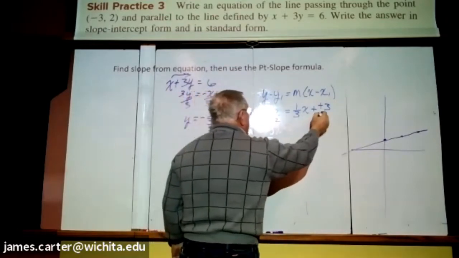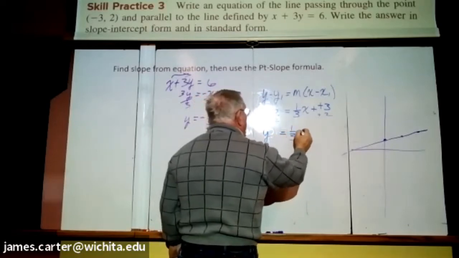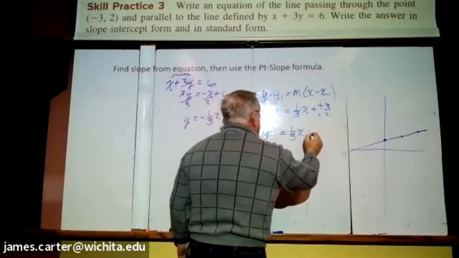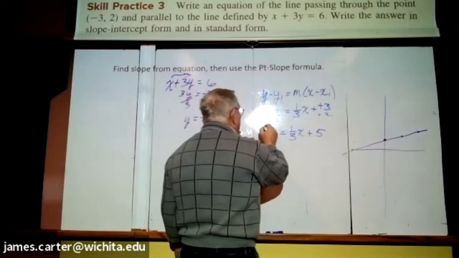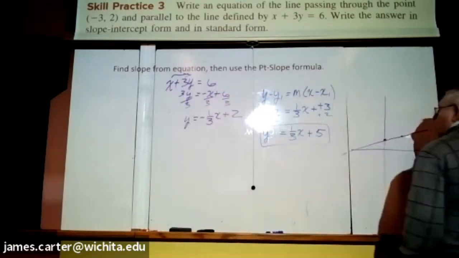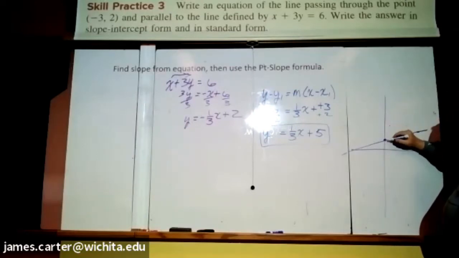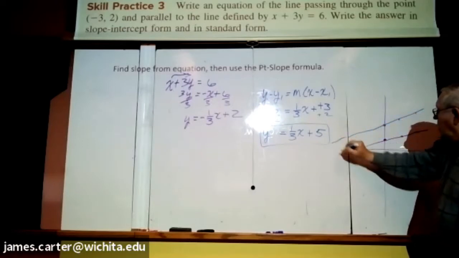Add 2 to both sides. y equals 1/3 x plus 5. So this would be our equation of our parallel line. So we graph it. We start out up here, if this is 2, 4, 5. And we go up 1 over 3, up 1 over 3. And this thing is going to look like that.